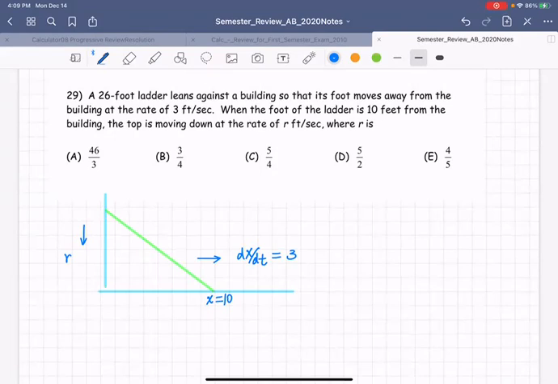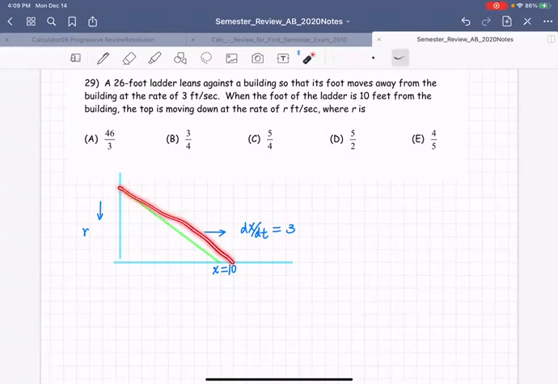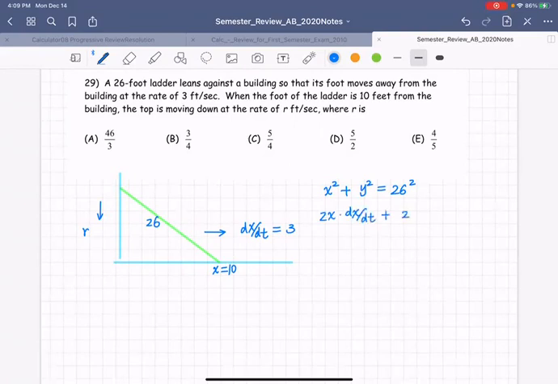So we can say that the ladder is 26. So x squared plus y squared equals 26 squared, right? And then 2x times dx over dt plus 2y times dy over dt equals 0, correct?